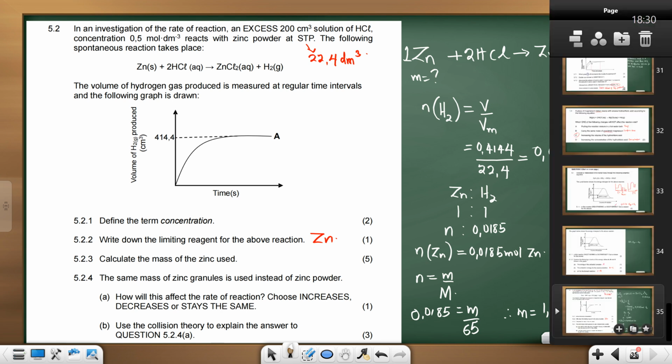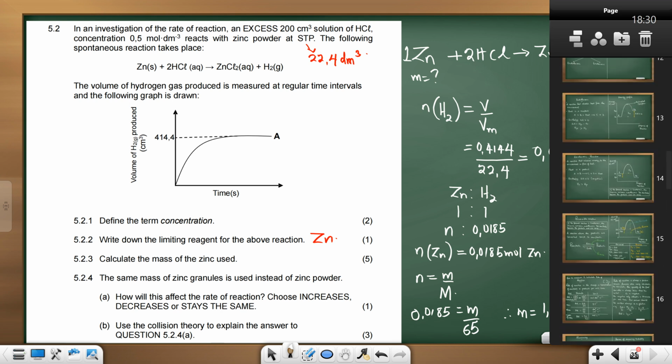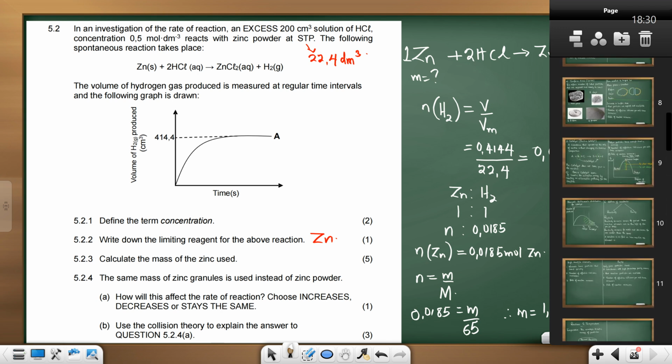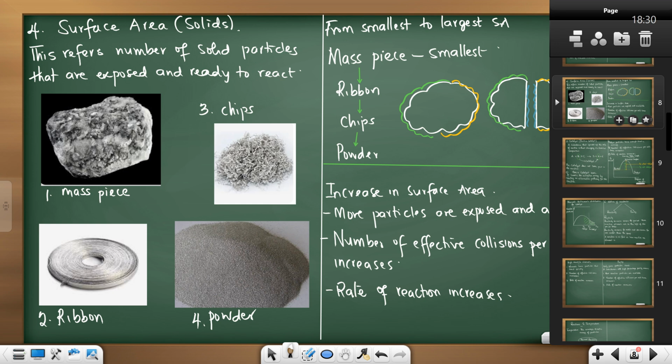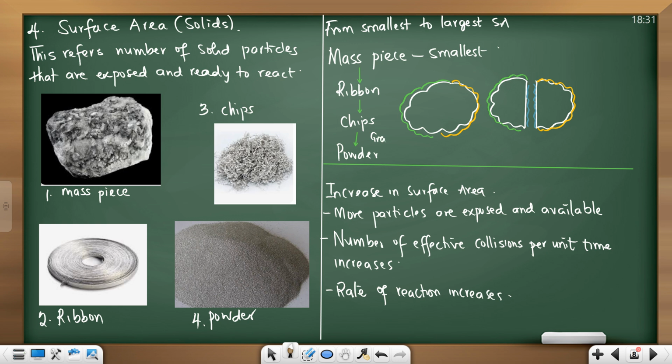So powder has more surface area than granules. Wait, let me see something. It has to be this. Yeah, definitely. So in the pictures also, I wanted to include chips. We should include granules in between here, then powder.